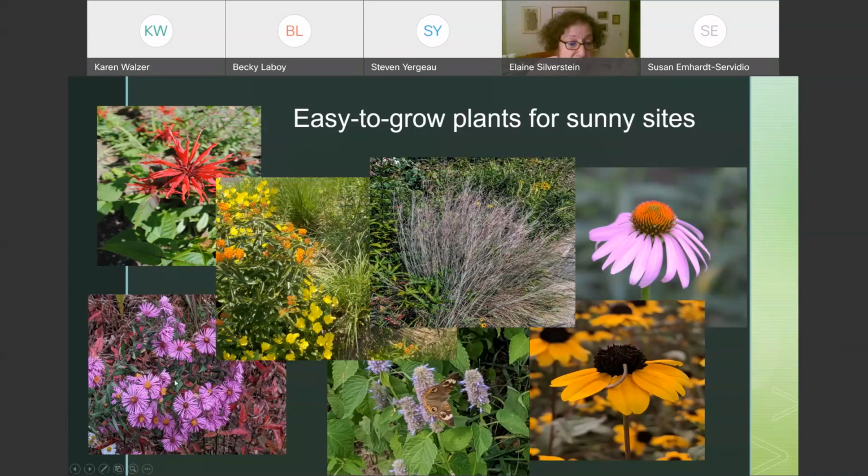This is, of course, New England aster. You would want to have at least one species of aster in your garden. There are many species of aster. They are for sun, for shade, for wet, for dry. So you want to research the species that would do best. New England aster tends to be very adaptable.